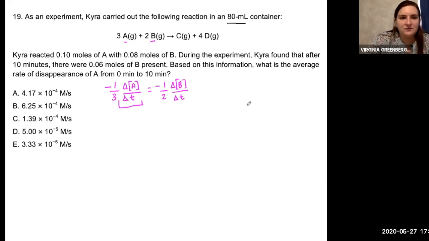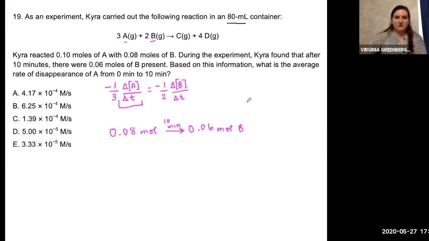Okay. So it looks like for B, we start with 0.08 moles. And as the experiment runs for 10 minutes, we end up with 0.06 moles B. So we know our change in time, and we're close to knowing our change in concentration, but we have to be really careful because here we have an 80 milliliter container.